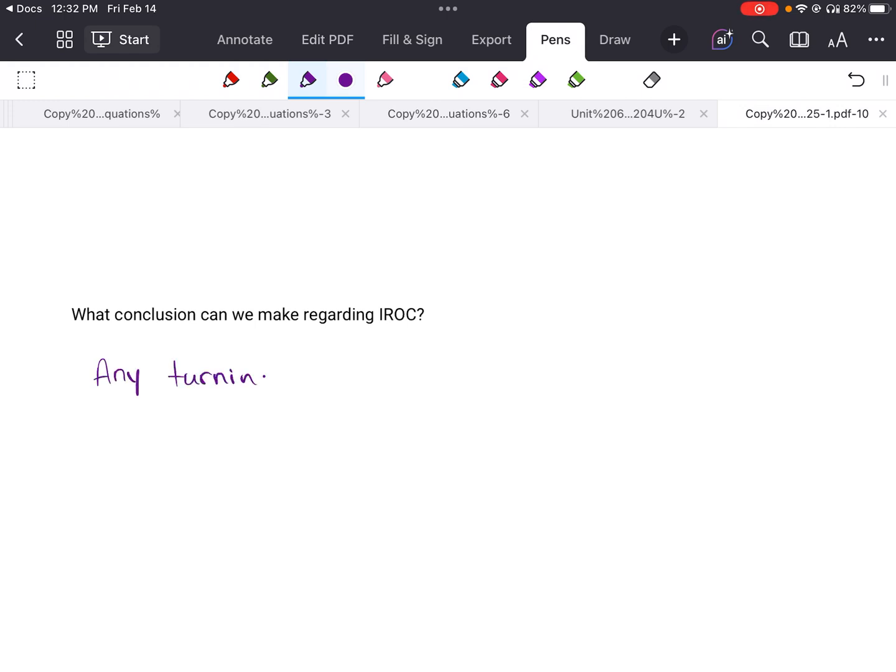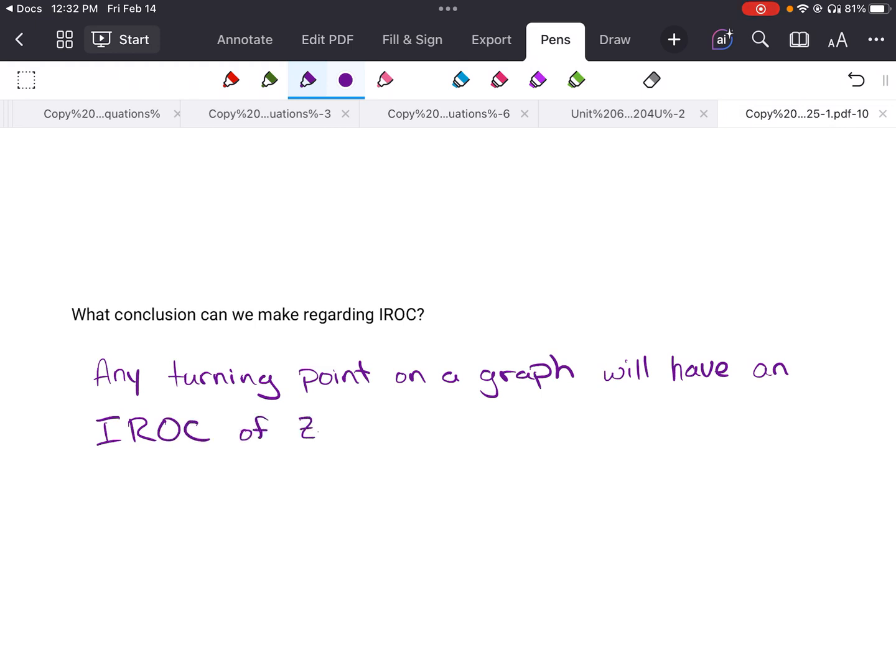We can say any turning point on a graph will have an IROC of 0.